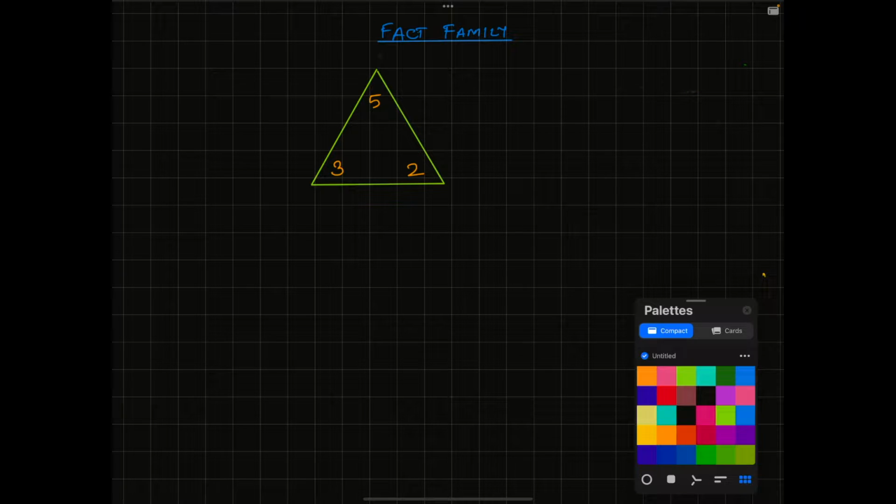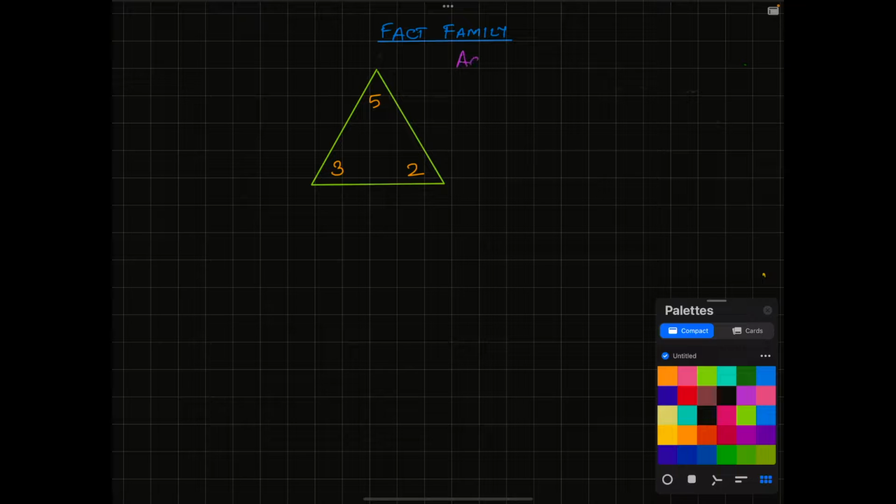So in this case, we should be able to do two addition facts. In this case, the highest number will always go after the equal to sign. So in this case, 5 is the highest number. So let's write 5 after the equal to sign. And then the remaining two numbers, that is 3 and 2, will work as addends.